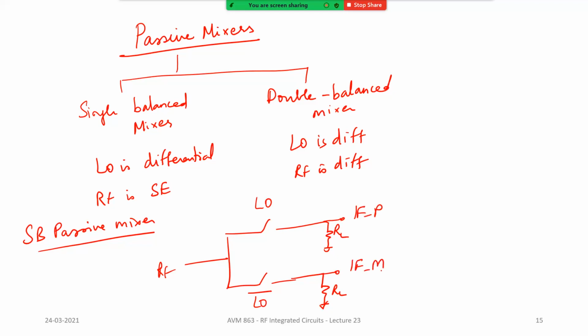Now, how is this going to provide mixing action? We have already seen this. It is a switch, basically. You can think of it as VRF of t multiplied by this square wave function, where the period is basically 1 by FLO.